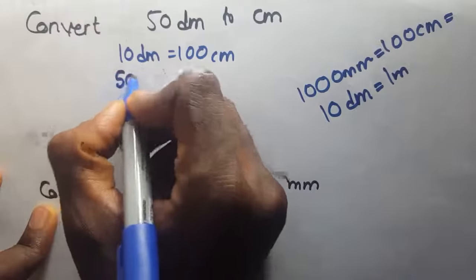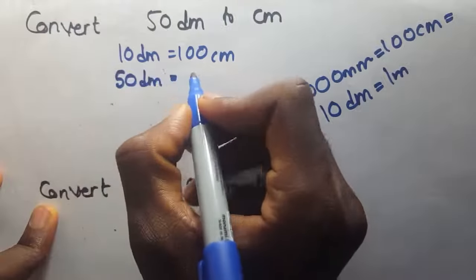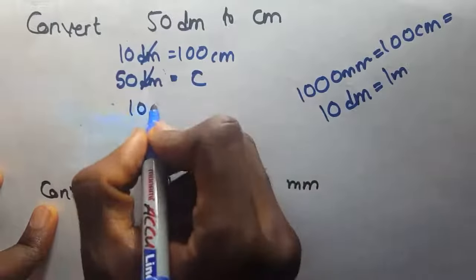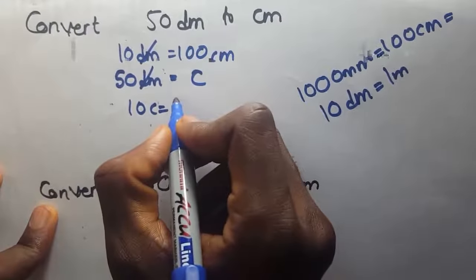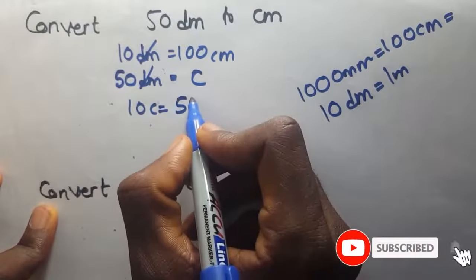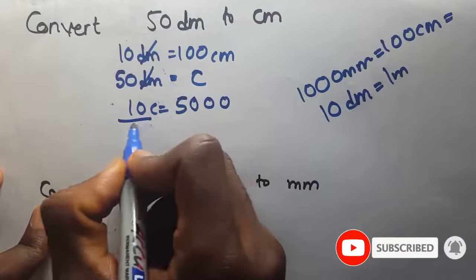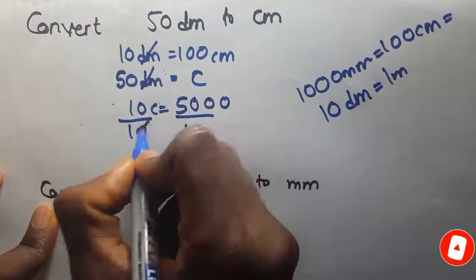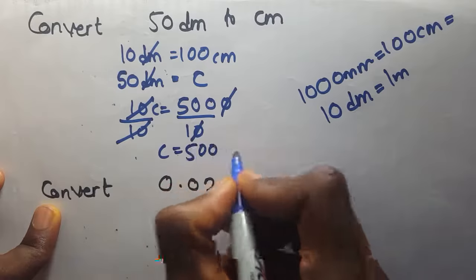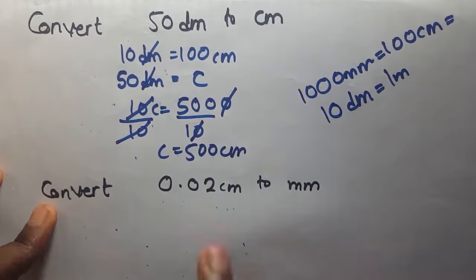Now you have 50 decimeters. Decimeter is supposed to be under decimeter, so let's use C. Decimeter cancels decimeter. 10C equals 50 times 100. 5 times 1 is 5. You have 3 zeros, 1 2 3, over 10 over 10. 0 cancels 0, so C equals 500 centimeters.